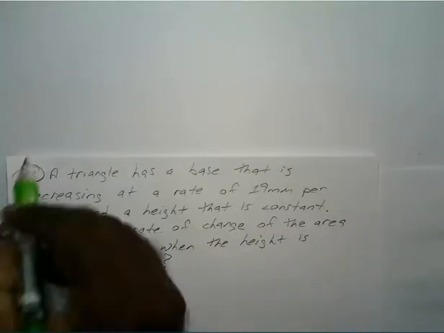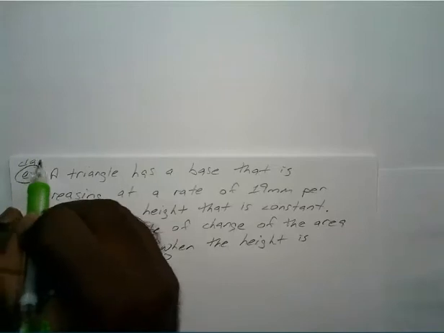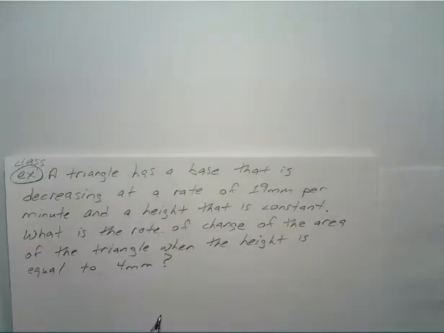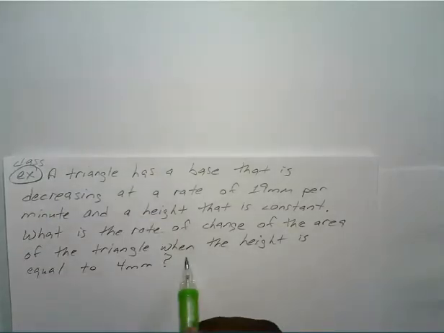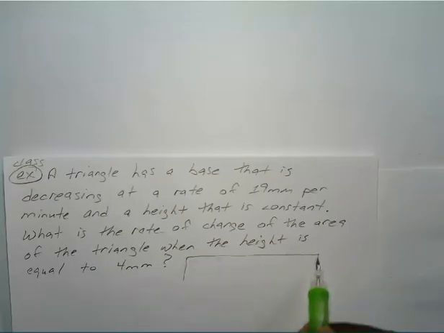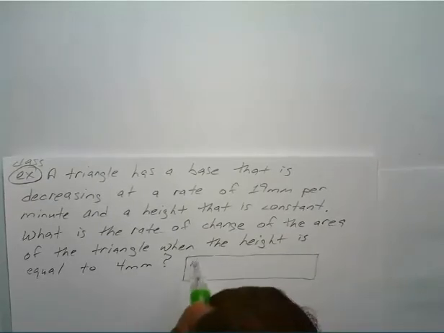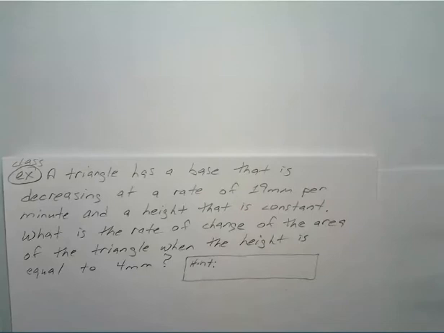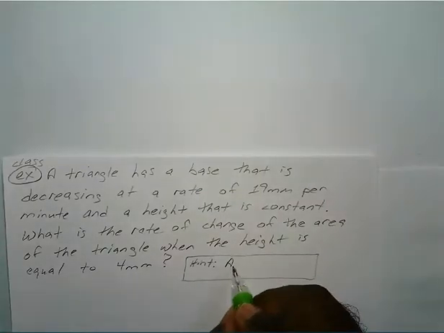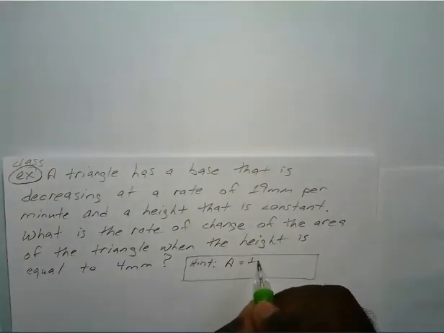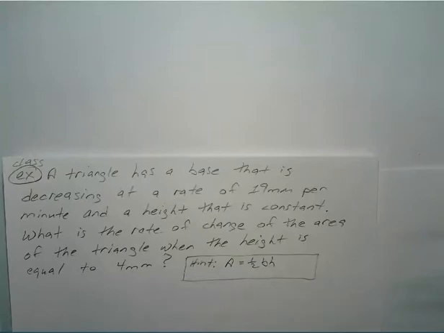Okay, so what I want you to do is press pause, but I'll give you a little hint of how to get started on this one. Okay, so hint, the area of a triangle is equal to 1/2 the base times the height.